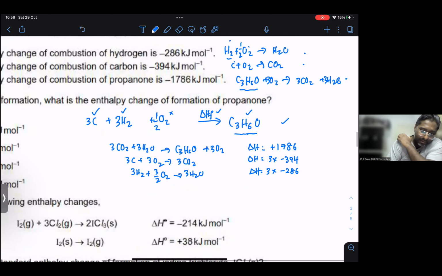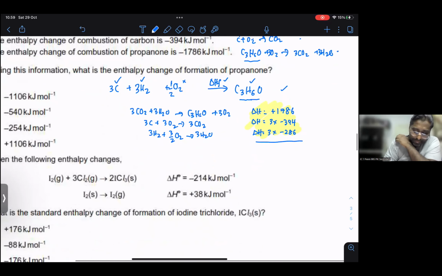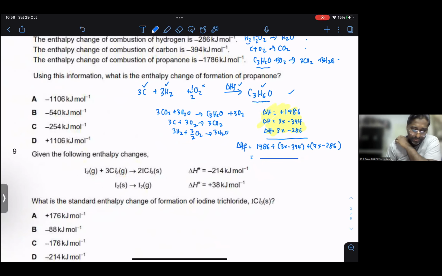In the end, if you trust your method, I feel that you have done it correctly. You add these three and you will get the value of this. Delta HF is going to be 1786 plus 3 times negative 394 plus 3 times negative 286. You will get the value. Help me to calculate.